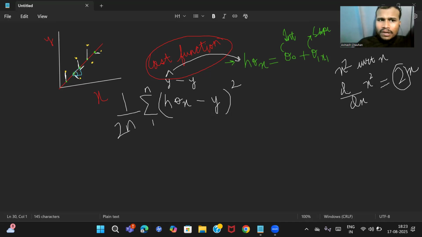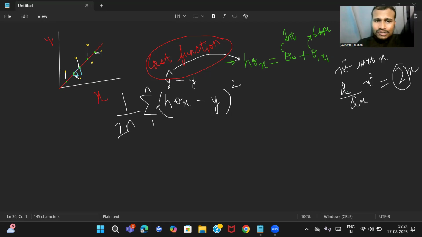A unit change from here till here, if you are changing the values, so how the slope is changing, right? So basically, that is what we are understanding here. Everything depends upon the slope which we are finding, and with the help of the slope itself, we are going to find the best fit line.